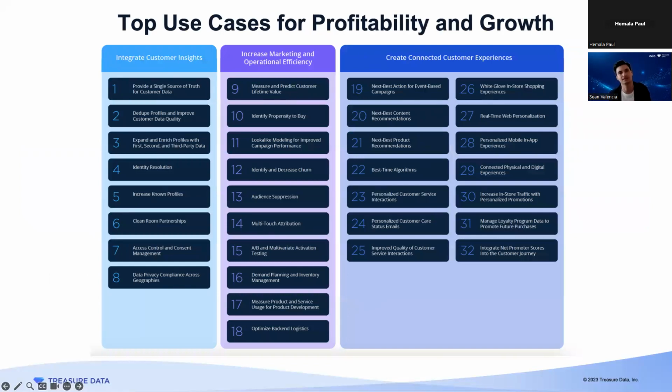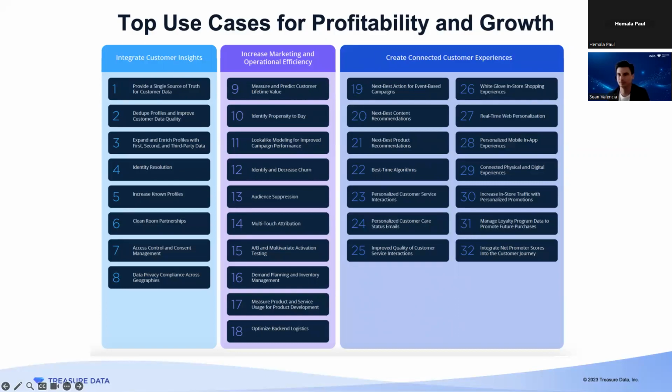We've categorized them according to the different steps. First, how can we start deriving value from that integration? Then moving on to the middle one, efficiency, and then truly connected customer experiences.